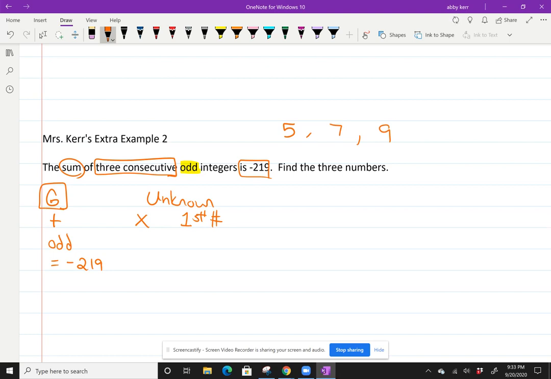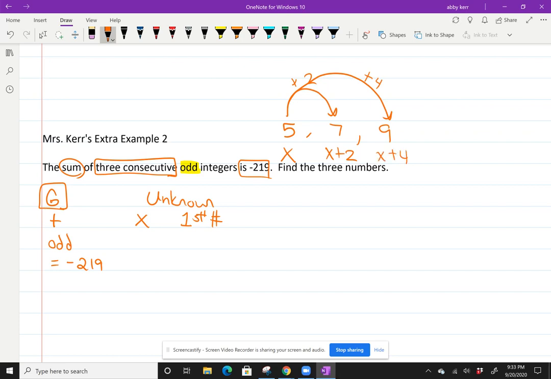They skip the even. They skip the 6. They skip the 8. Let's just make x be 5. How do I get to the next odd number? You do that by adding 2. And then how do you get 5 to be 9? Hey, you add 4. So x plus 4.